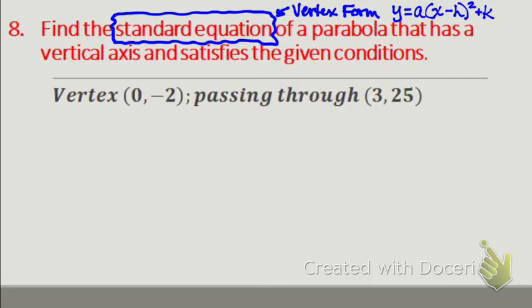And since they gave us the vertex, what did they give us already? They gave us h and they gave us k by giving us the vertex. So I'm going to take the h and the k they gave us, and I'm just going to substitute it into vertex form.